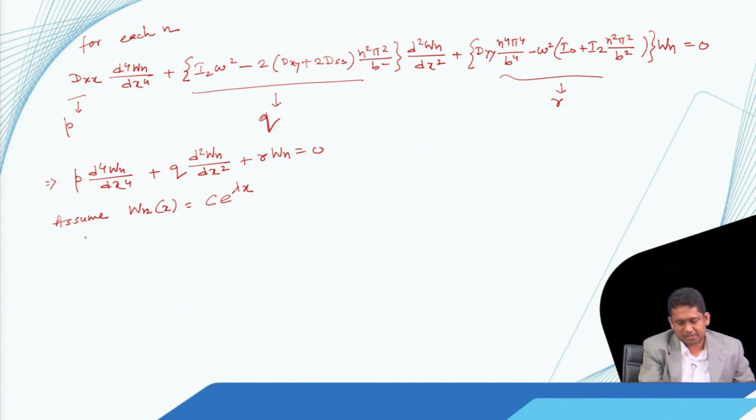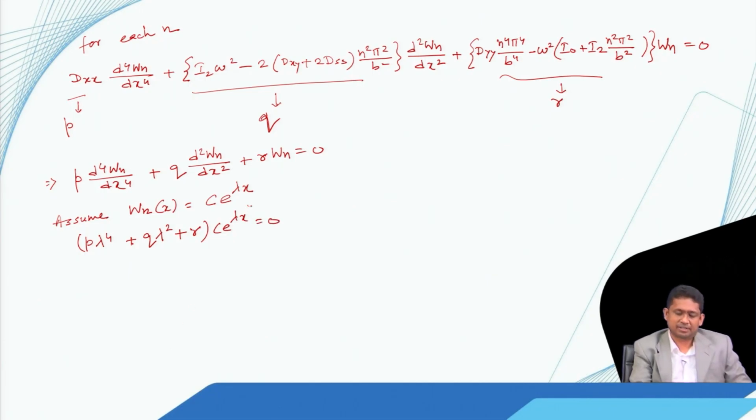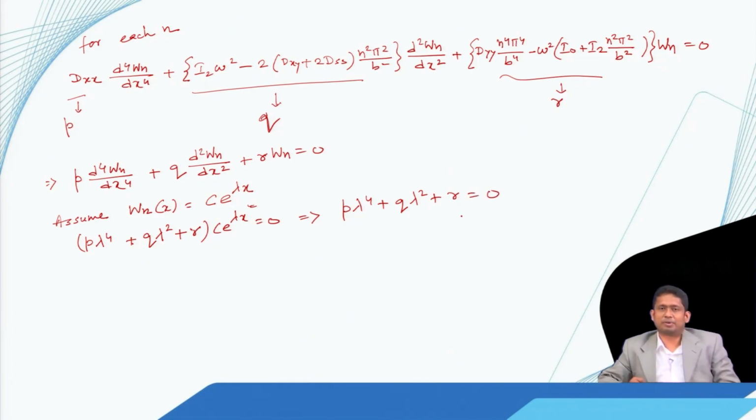So what we get is p multiplied by lambda to the power 4 plus q into lambda square plus r into c e to the power lambda x. Again we know that this term cannot be 0, so we have p lambda to the power 4 plus q lambda square plus r equal to 0. So a polynomial of lambda which is equal to 0. Now we know the solution of this.